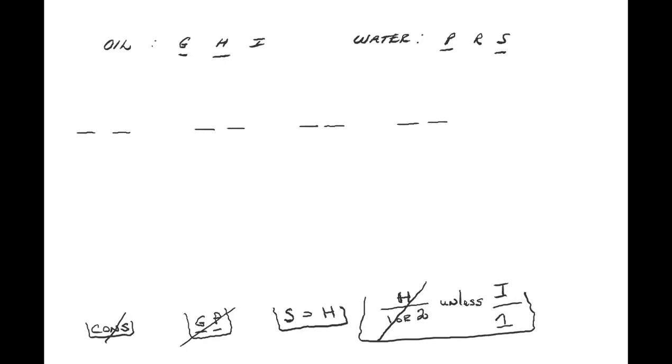It tells me that H can never be 1, right? Because if you're saying H can be 1 or 2 only if, or unless I is 1, well, then I would be 1, which means H could be 2, right? But H could be 2 only when I is 1. So there are 3 possibilities for H. H is either 2, 3, or 4.